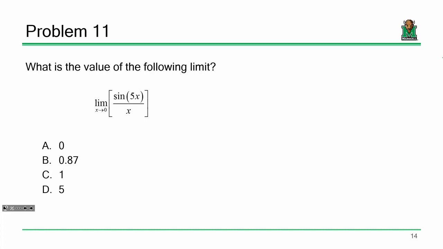No. That's a good point. You can't say that 0 over 0 is simply 0. 0 over 0 is an indeterminate form. It's like saying infinity over infinity. It doesn't really mean anything. So how do you evaluate a limit that has one of those undefined indeterminate forms?